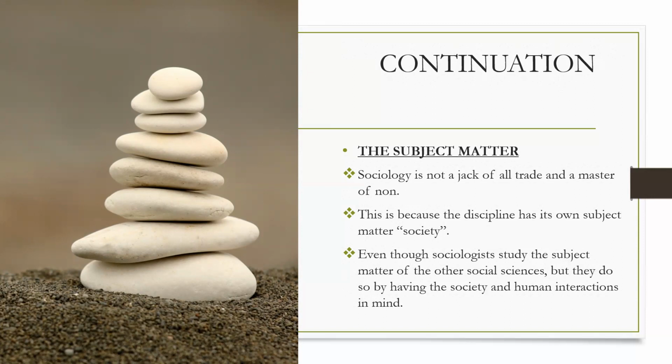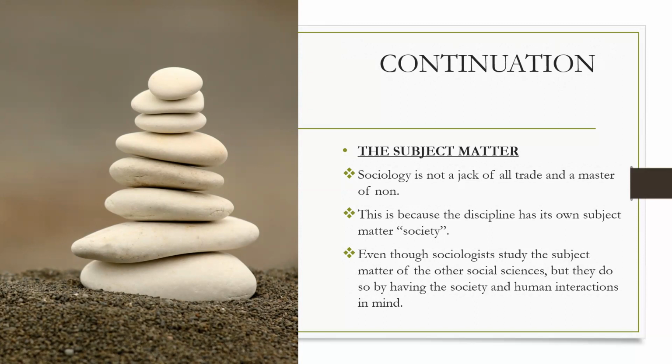For example, social anthropologists study human social behavior, but they study it in what we call the simple society, the society that is less invested in technology. But sociologists study the human social behavior in a complex society.